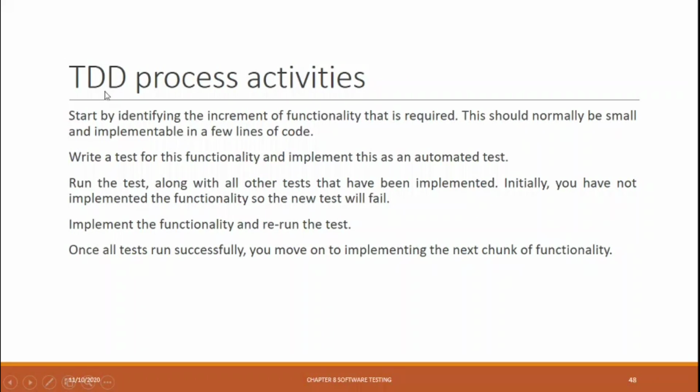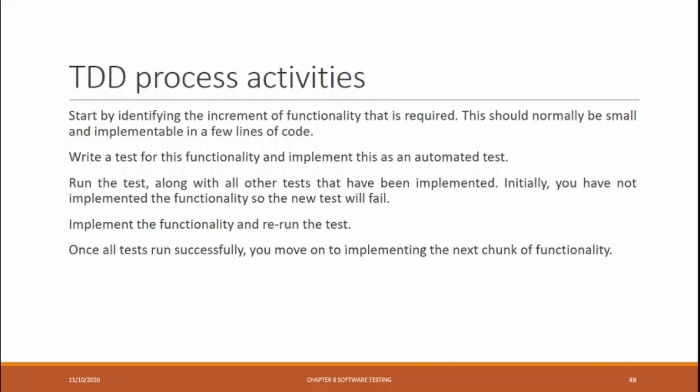The TDD process activities start by identifying the increments of functionality that are required. This should normally be small and implemented in a few lines of code.